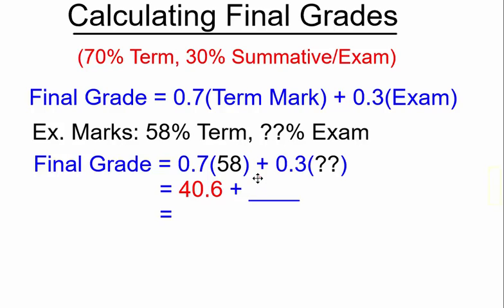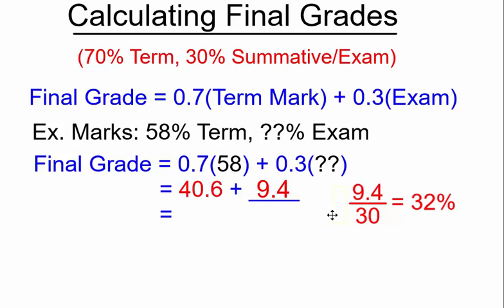If they're interested or concerned about possibly passing, and I suppose if you had a 58 term, you might have some concern about passing the class, you need essentially 9.4 more marks to get this 40.6 to a 50 even. I've hidden something over here, there we go.